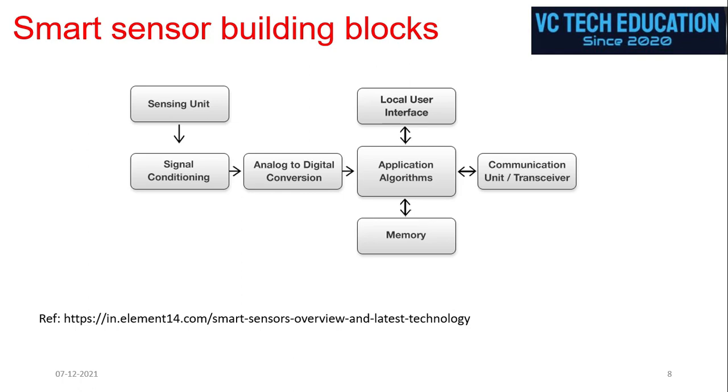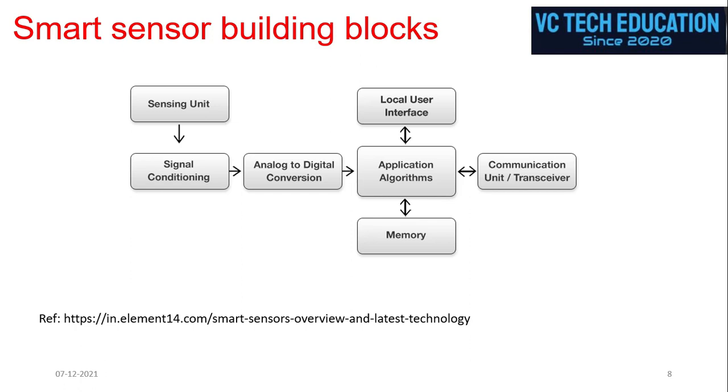Next comes the block diagram of smart sensor building blocks, that is, how the sensor units are used. The block diagram clearly explains how the sensors are used. From the sensing unit, the signal is taken by signal conditioning.